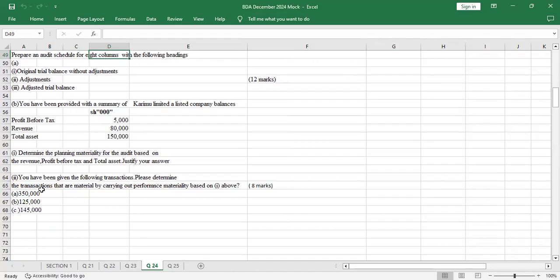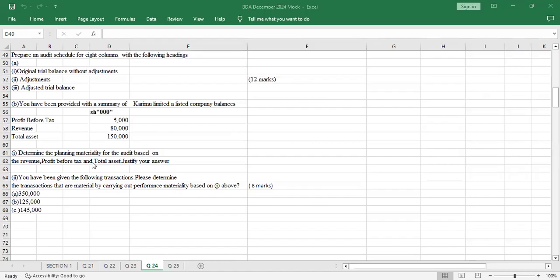Roman 2, you have been given the following transactions. Please determine the transactions that are material by carrying out performance materiality based on one above.